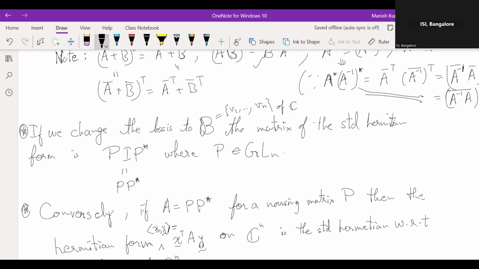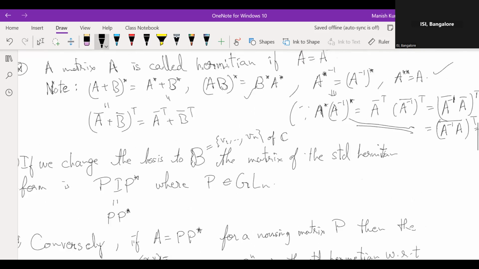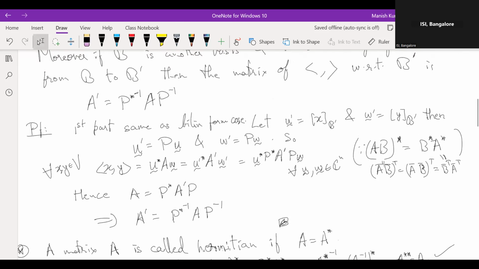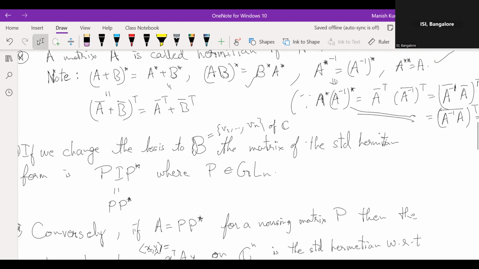I don't really care whether it's the change of basis matrix from I to B or B to I. You'll have to multiply by some inverse. If it is B to B prime, it will be P star inverse, and from B prime to B this inverse will go away. So P star.